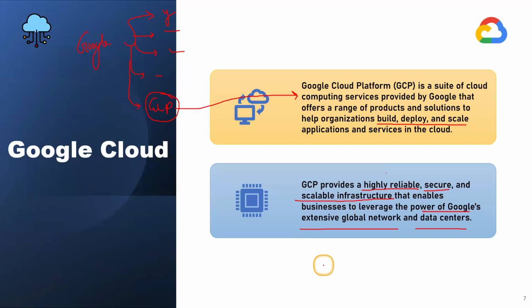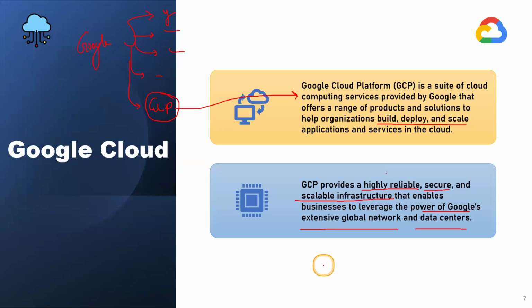So that is what Google Cloud Platform is, everyone. Google Cloud Platform is one of the leading cloud providers which provides you cloud computing services. By using these services, tomorrow if you want to create an application, you don't have to manage your infrastructure. The companies were creating their own data centers previously.